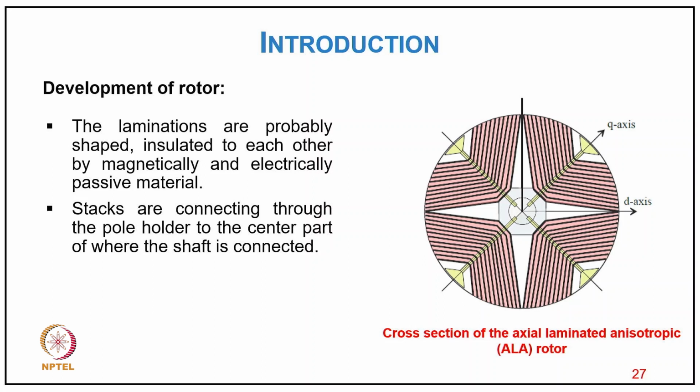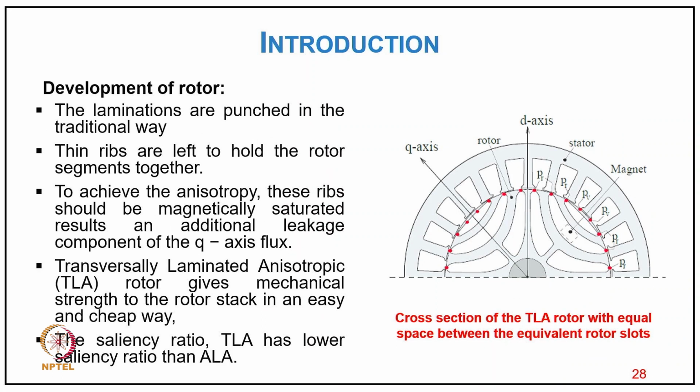The laminations are properly shaped, insulated from each other by magnetically and electrically passive material, and the stacks are concentrated through the pole holder to the concentric part where the shaft is connected. And here is the cross section of the TLA rotor with equal spaces between the equivalent rotor slots. So you can see the laminations are punched in the traditional way, and thin ribs are left to hold the rotor segments together.